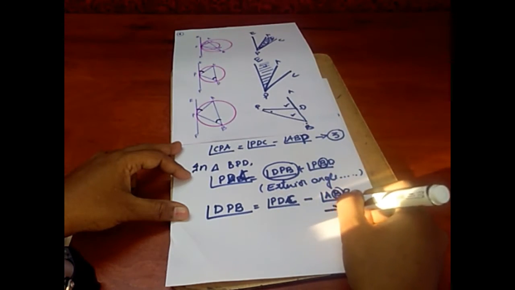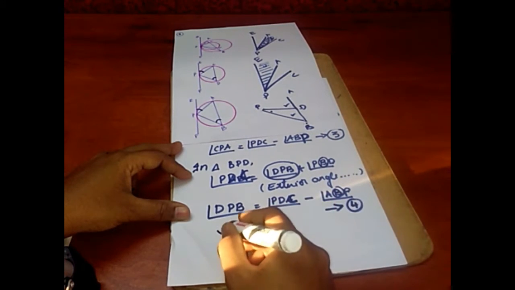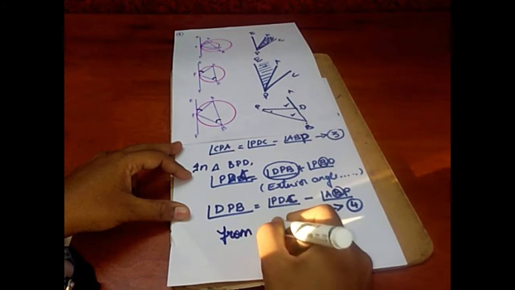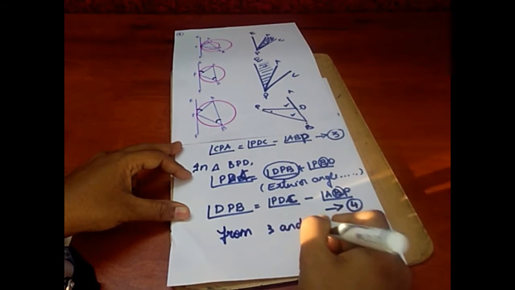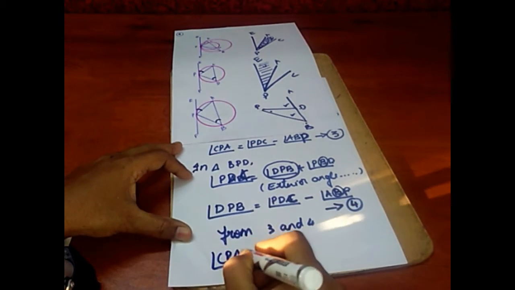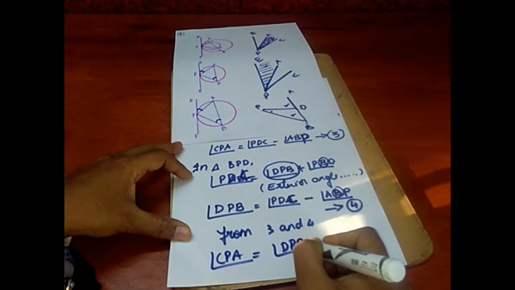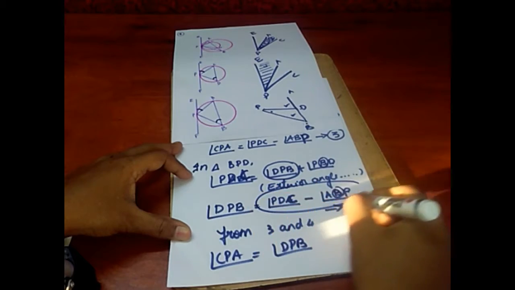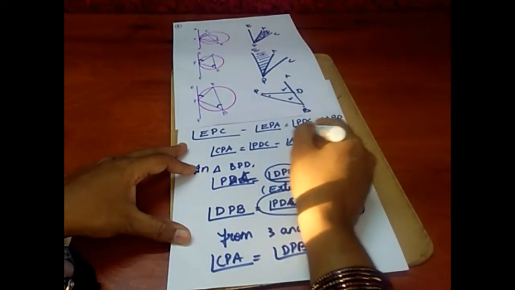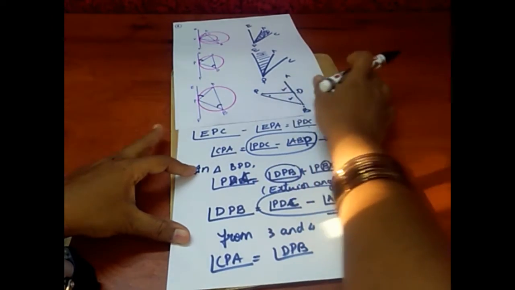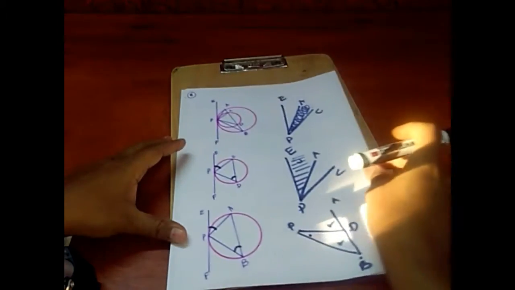Just make a note of it. This is result number 4. So from 3 and 4, we can say that angle CPA is equal to angle DPB. Just observe these two results. A very simple problem, but you need to observe and think very carefully.